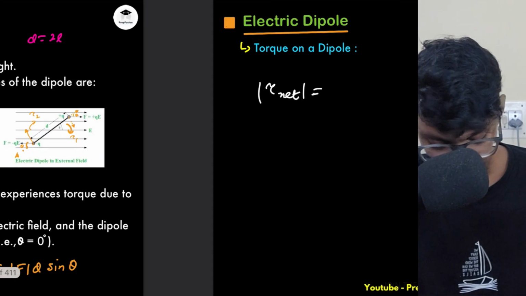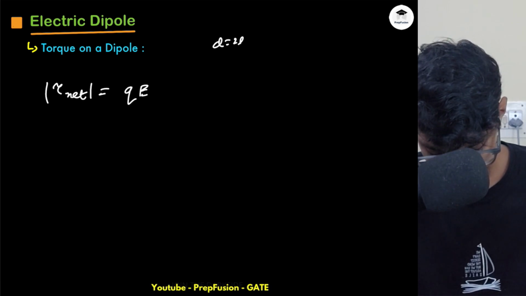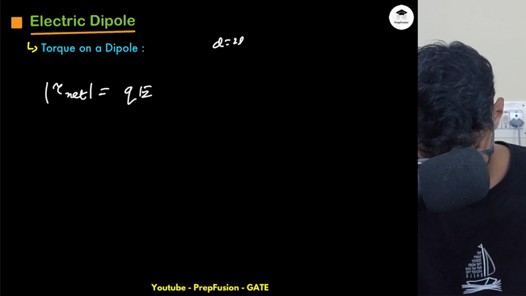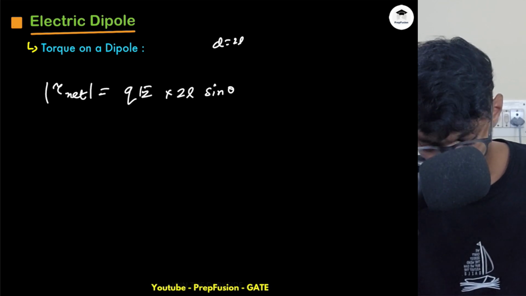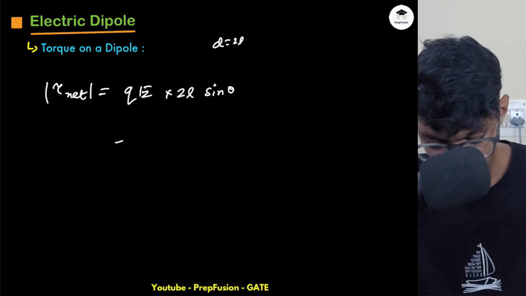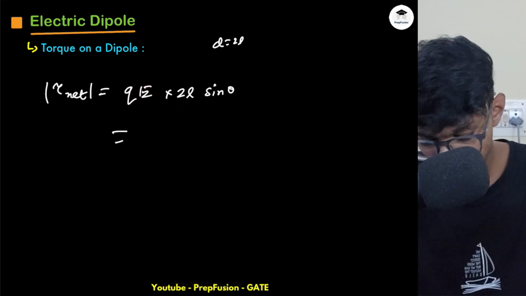F I can write as what? F I can write as QE, correct? QE times 2L sine theta. So what is this basically? QE is one separate quantity. Q into 2L is the dipole moment.